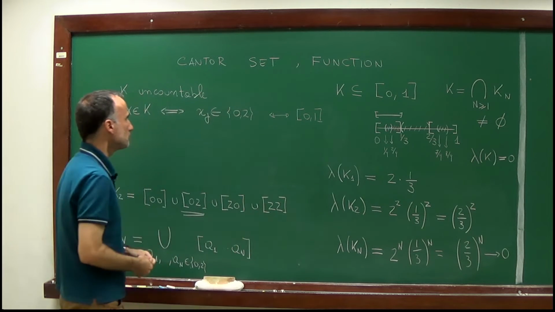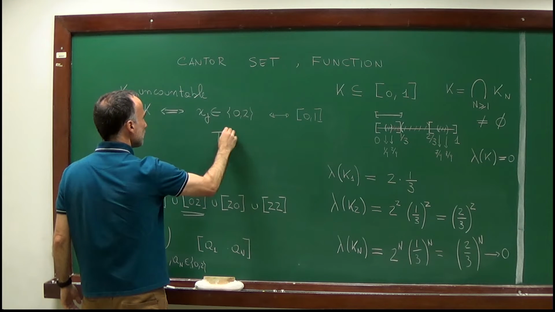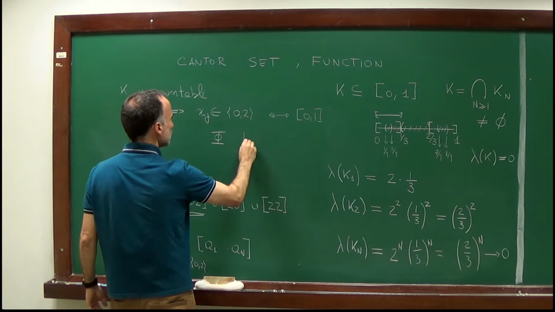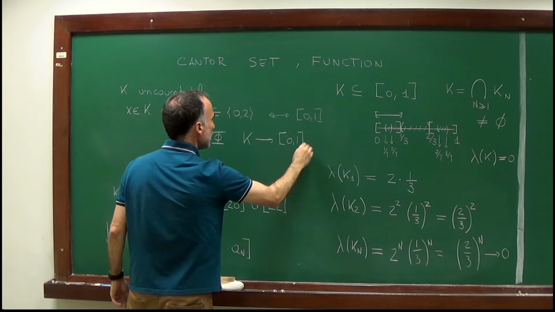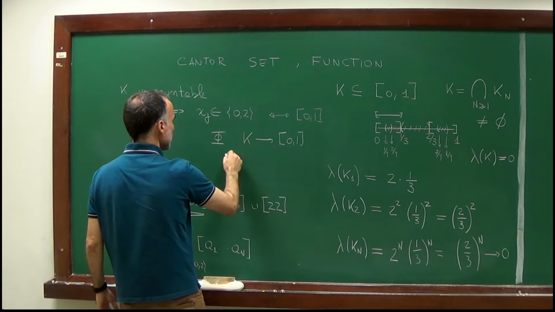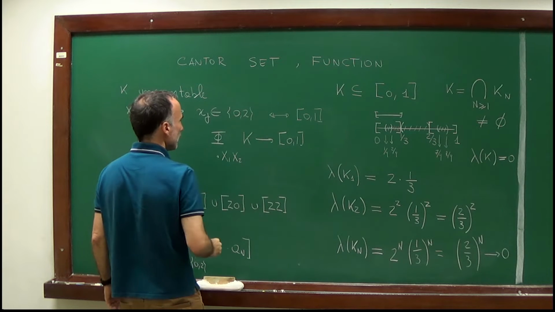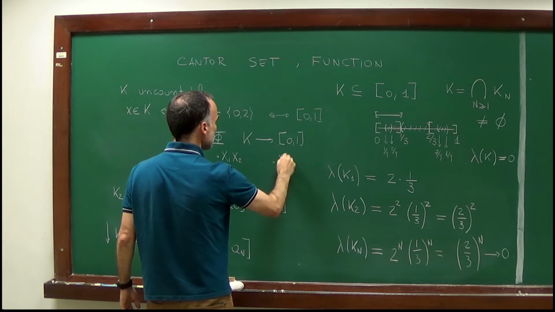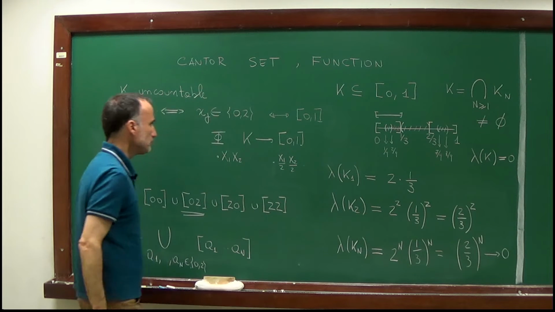And now, let's observe that I can define a function phi from K to 0, 1, and here I will send its expansion x1, x2, etc. to the point dot x1 divided by 2, x2 divided by 2, and so on.